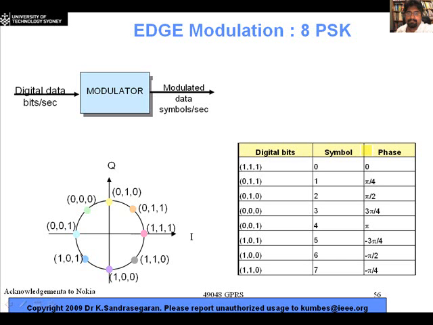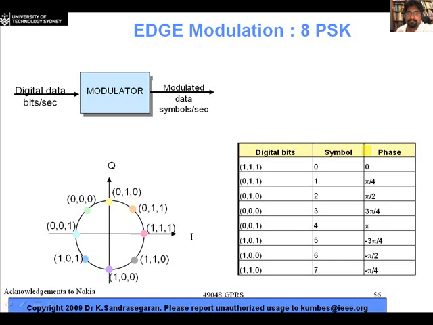Now there is a technology called Edge, which can run on top of a GSM network, or it can also run on top of a GPRS network. In that technology, one symbol is represented by 3 bits. So effectively you're getting a multiplication factor of 3 for the maximum data rates that you can achieve.